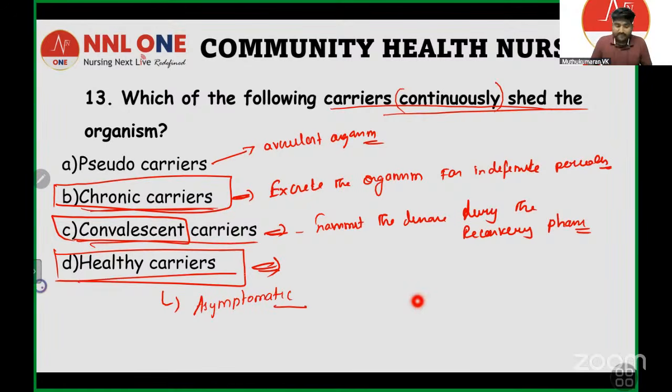So that is healthy carriers. Is it clear? When someone keeps on transmitting the disease continuously over a long period of time, then it is a chronic carrier. Okay, is it clear? Shall we move on to the next question?